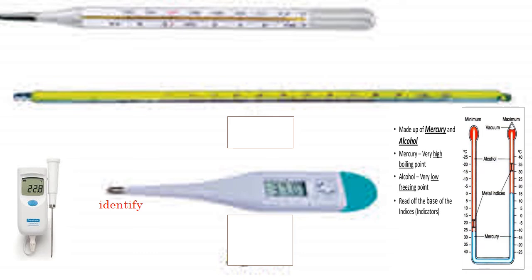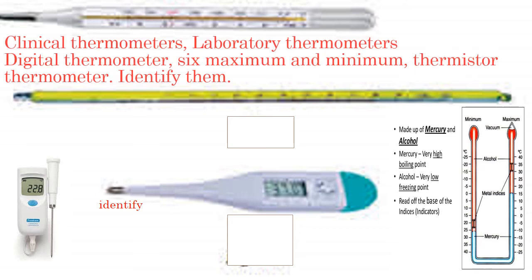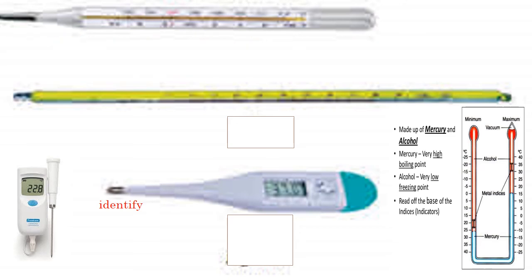If it has mercury and alcohol both, then it is a six's maxima minima thermometer, and if it has an iron piece to measure, then it is a thermistor thermometer, and the last is the digital thermometer. All the five thermometers, can you identify? Very good. You have to know the ranges also. Have you understood well? Very good. These are the names of the thermometers you have to identify.